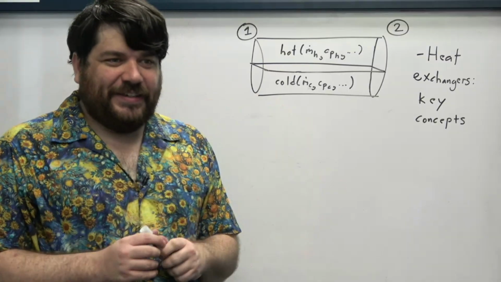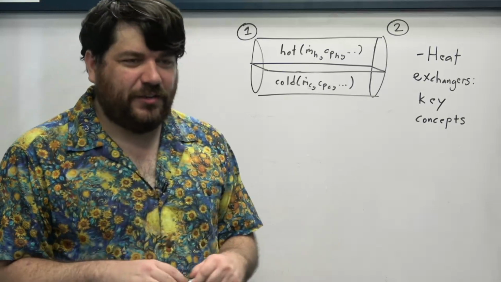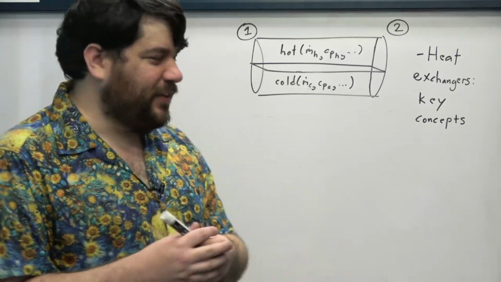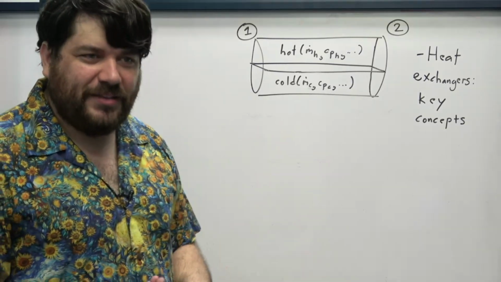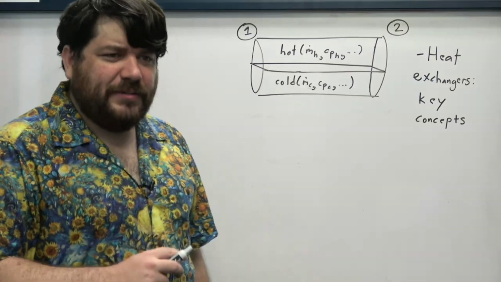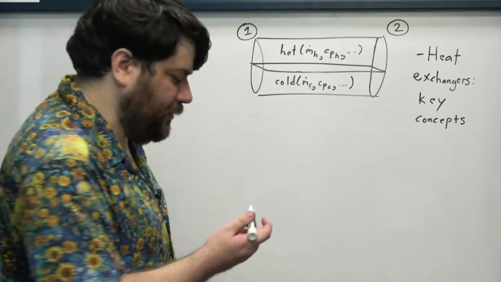So what happens? Well, as an example of the kinds of heat exchangers that you might see in practice that mess around with our understanding of how we can make these calculations, a common type of heat exchanger is what's usually referred to as a shell and tube heat exchanger.